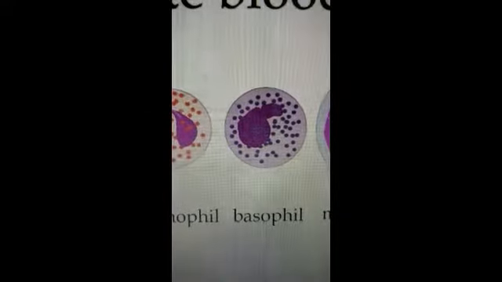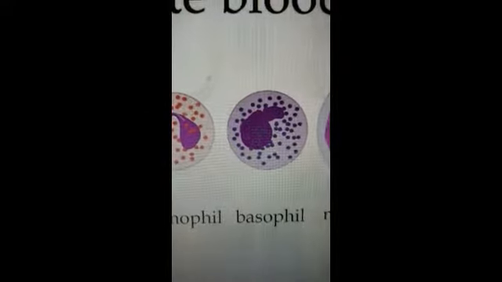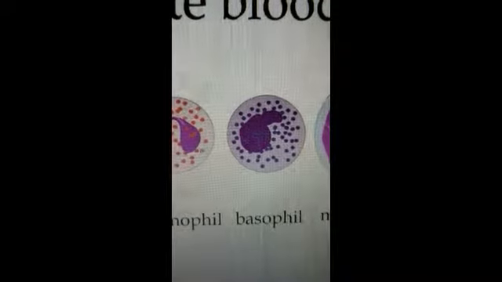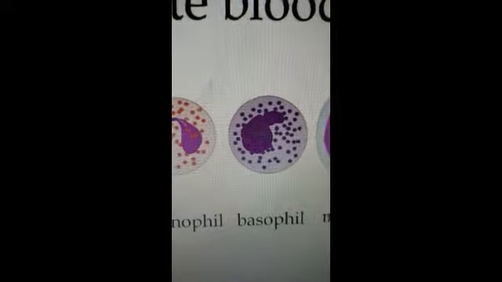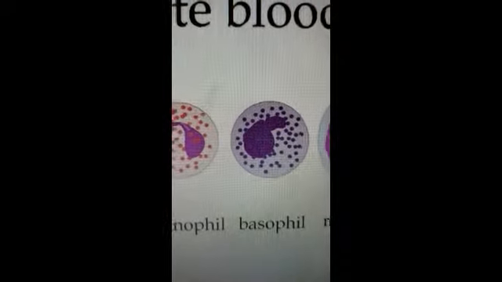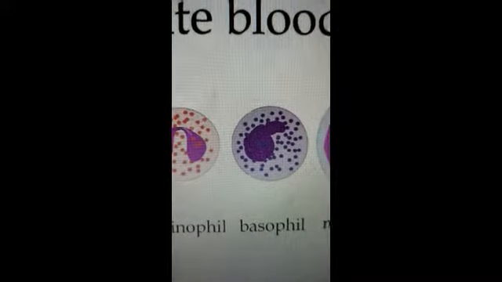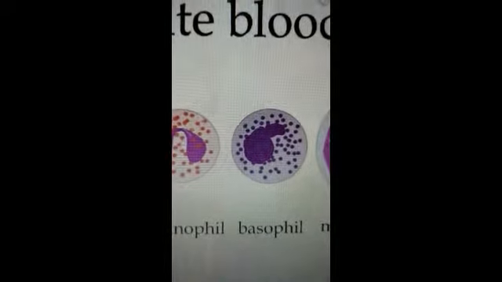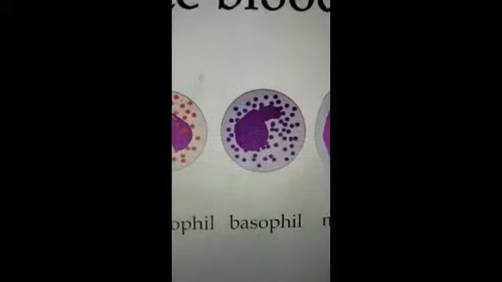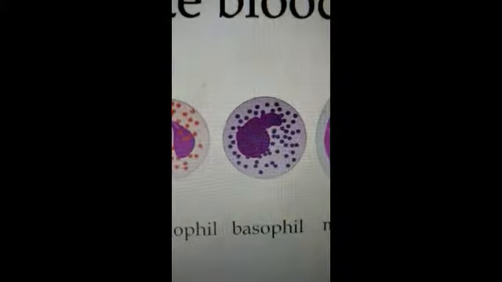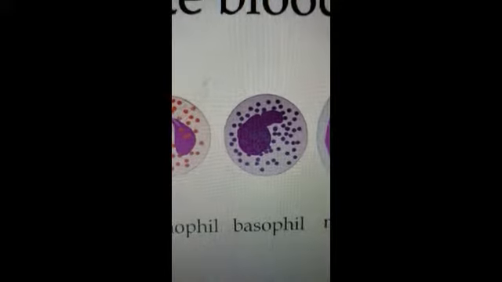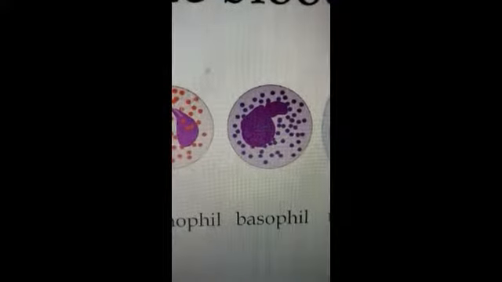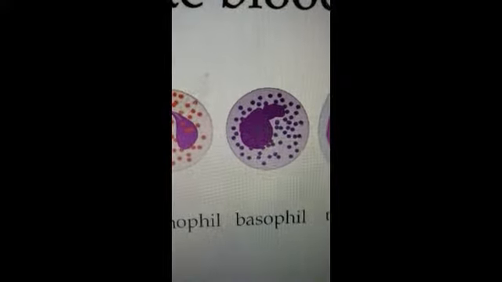Next we have our basophils. These are kind of dark stained little circular cells with kind of a jagged dark nucleus. These are pretty rare to see, but when we do see them, again, it could be an allergic reaction, something triggering an immune response.